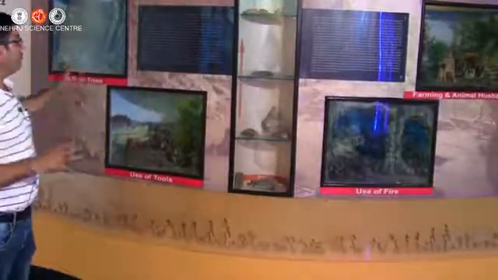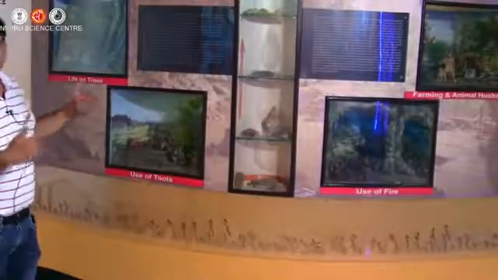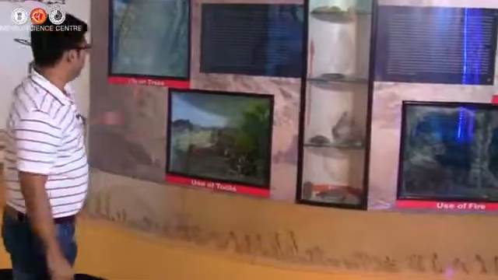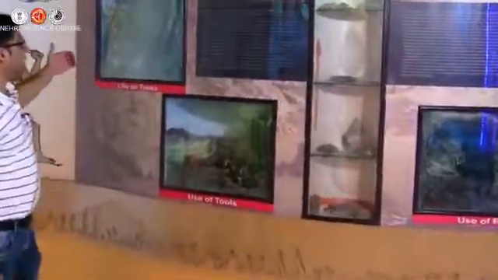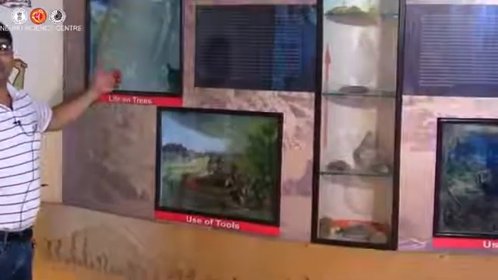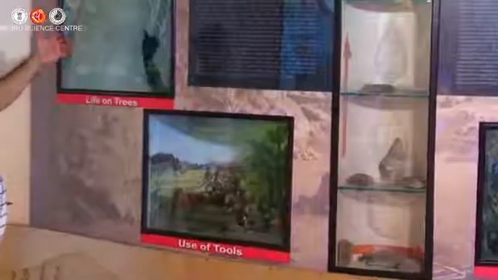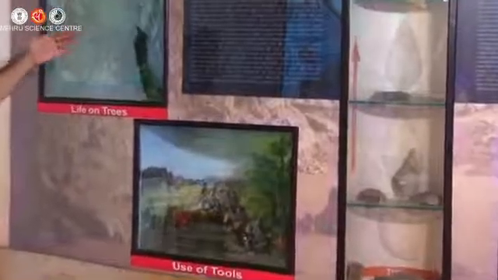In the exhibit, we have shown the 4 major pathbreaking discoveries which helped to civilize human beings. One of the discoveries relates to the life which human beings used to live on trees. We know that early human beings lived on the trees.